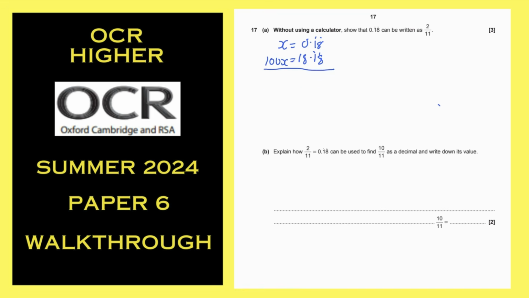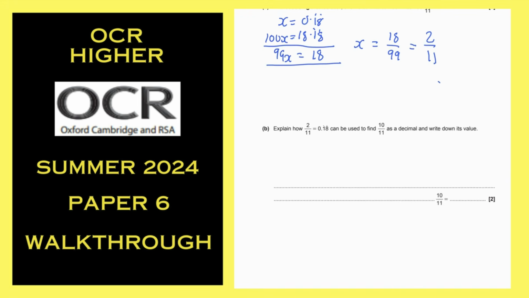So now when you subtract them, bottom take away top, you get 99x. 18.18 recurring minus all the recurring bit just leaves you with the 18. Then divide by the number next to x, in this case 99, and they're all in the 9 times table. Divide by 9, keeping one eye on the answer, and you're home and dry.